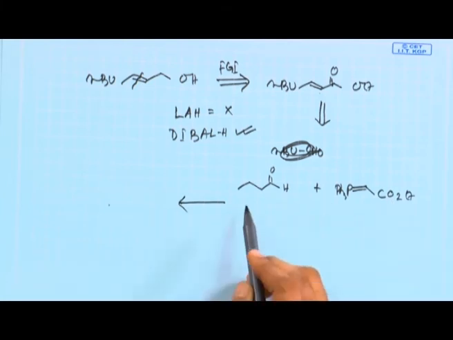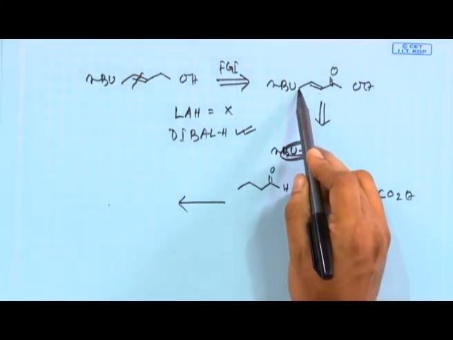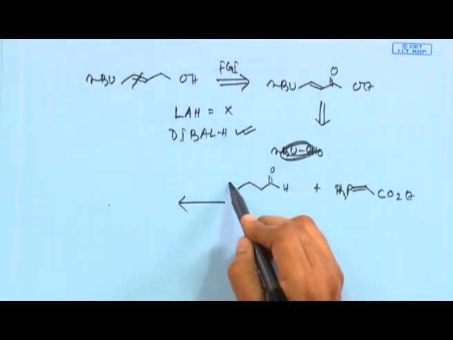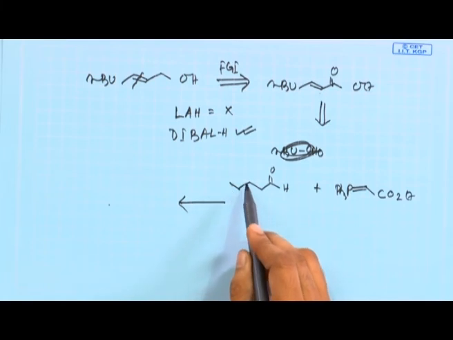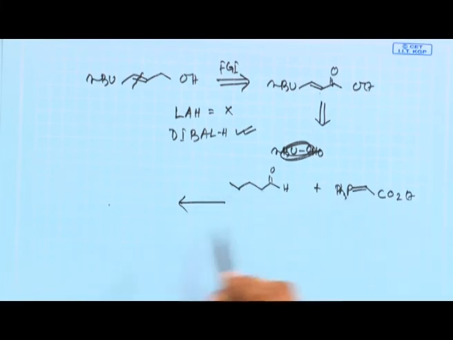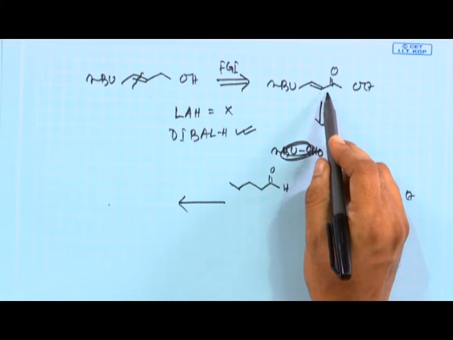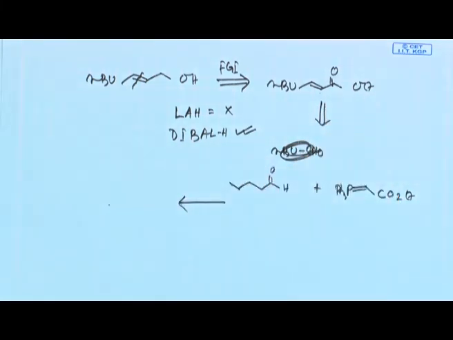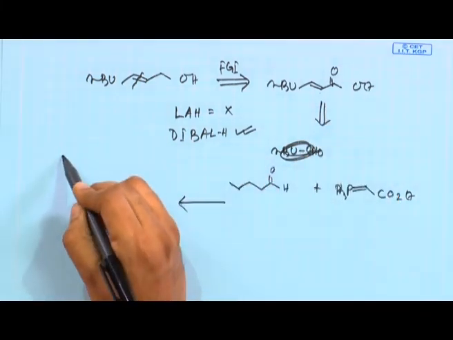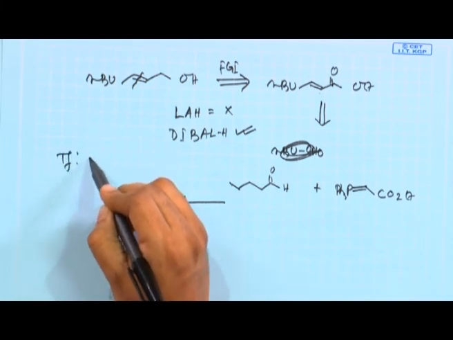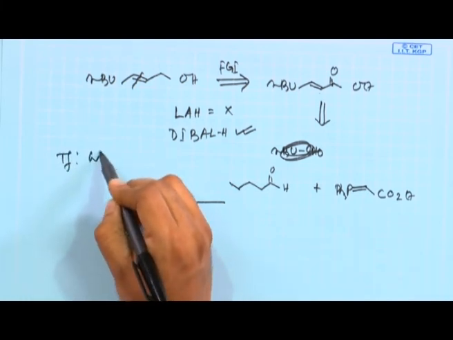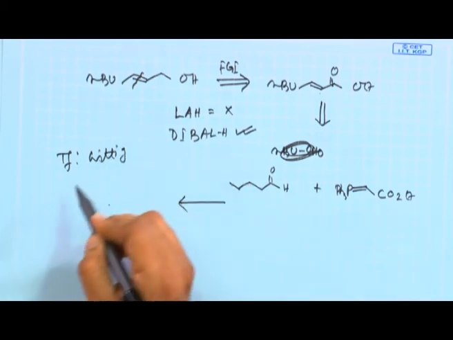So, once you do this Wittig reaction, this is the n-butanal 1, 2, 3, 4, you react with Wittig reagent and you get this product, you do a DIBAL reduction, then you come to this. So, the transformation is Wittig, which is very useful for these things.